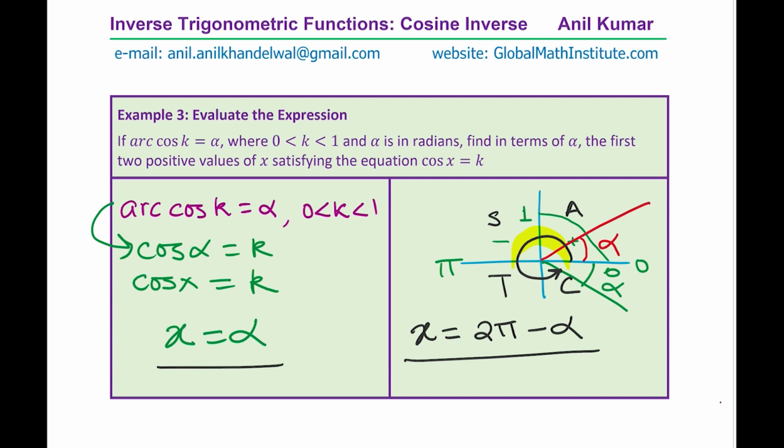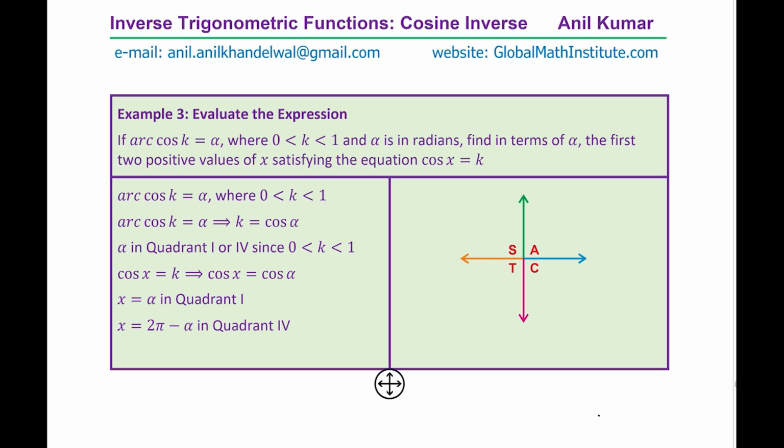Perfect. Here is the solution for the same. Arc cos k equals alpha, where k is between 0 and 1. So, arc cos k equals alpha implies that k equals cos alpha. We know alpha is in quadrant 1 or in quadrant 4 since k is positive, right? So, we have possible solutions in quadrant 1 and in quadrant 4.